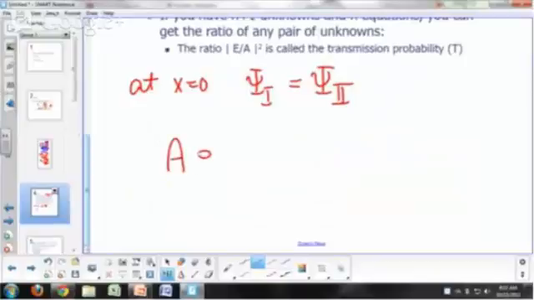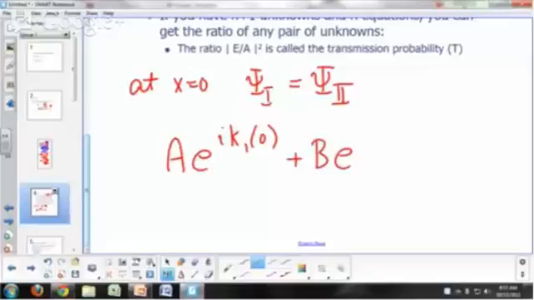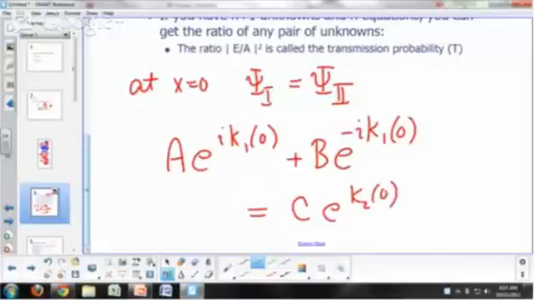A e to the i k1 times 0, plus B e to the negative i k1 times 0. That's your psi 1. That must be equal to psi 2. What is psi 2? C e to the k2 times 0 plus D e to the negative k2 times 0.